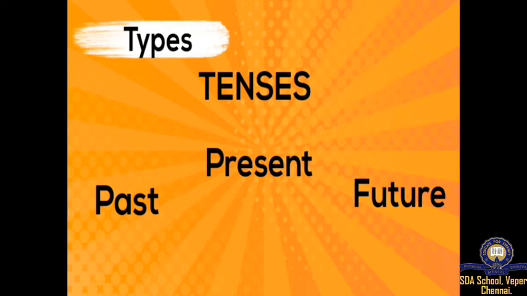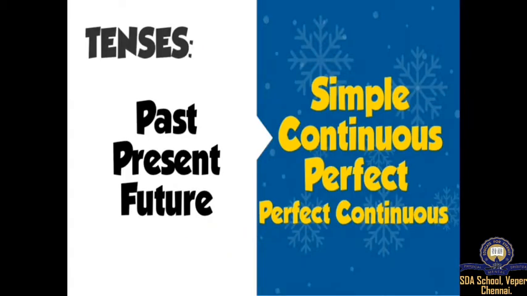Each of these tenses has four subdivisions. They are simple, continuous, perfect, and perfect continuous. So, by combining them all together, there are 12 tenses in English. That is, simple past tense, simple present tense, simple future tense.